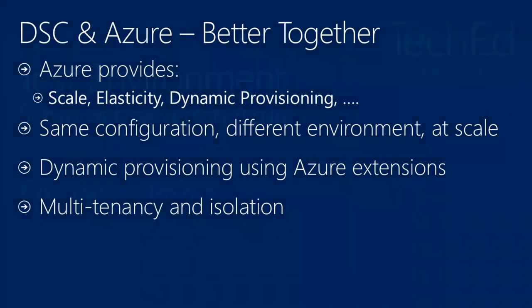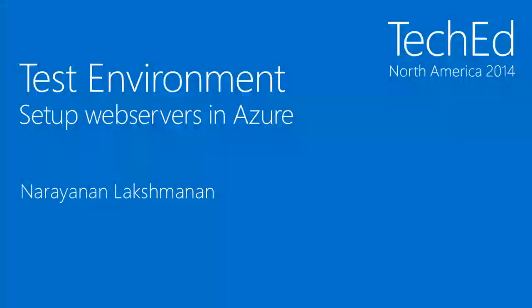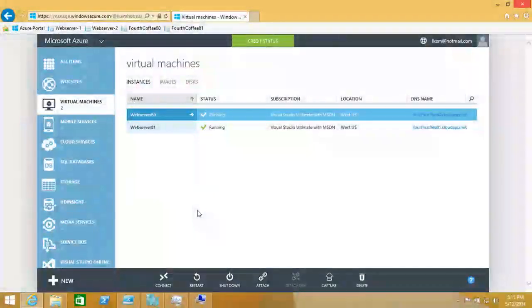So let's go and see how that can happen when we move from a development cycle to a test cycle or a test pipeline in Azure. We did the Fourth Coffee website on a local VM, and let's assume that your test environment is in Azure.